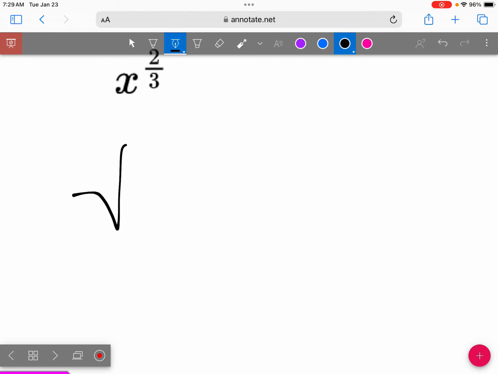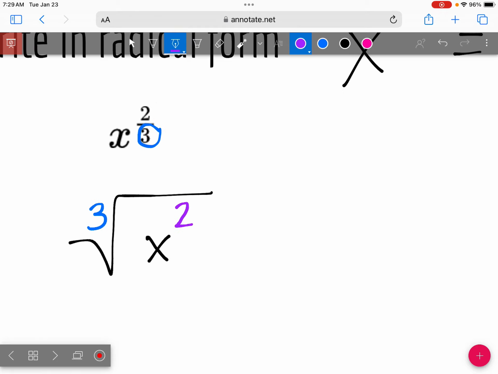Okay, so this 3 comes outside. And inside we're going to have our x squared. So what's on the top stays on the top. We really don't like fractions, so we're going to move that fraction piece outside.